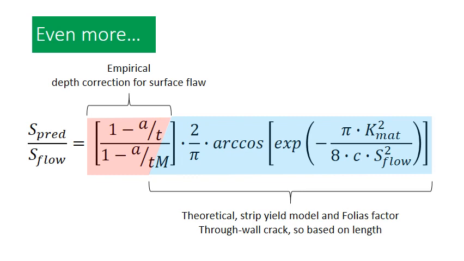That's based on a through-wall crack, and therefore it's all based on length. So everything I've shown here in blue is mathematically and theoretically based on length, which is not super relevant for surface cracks. The pink section there is the empirical depth correction to account for a surface flaw.